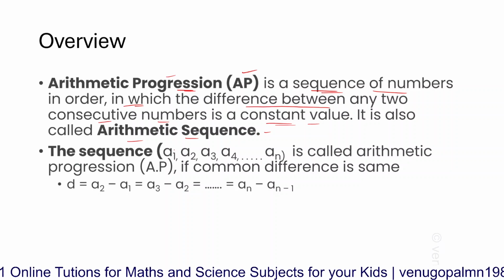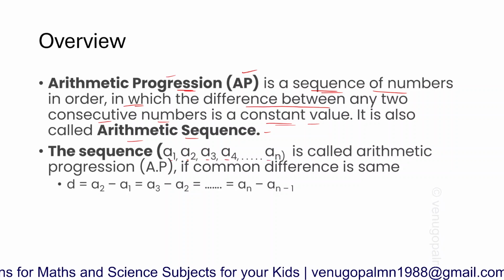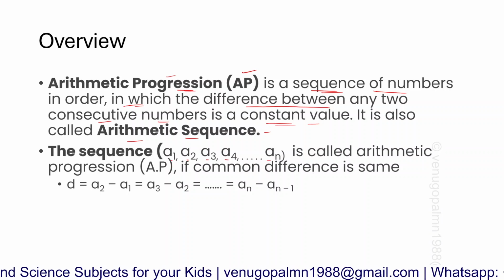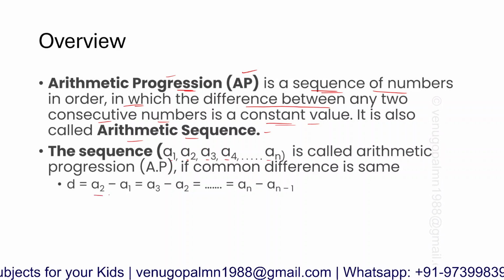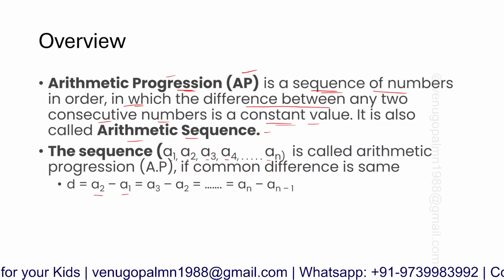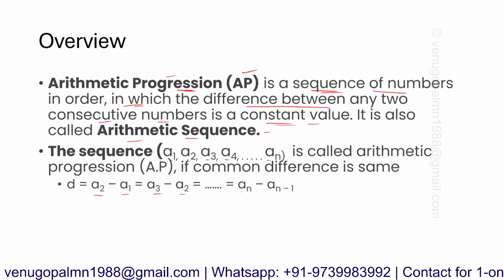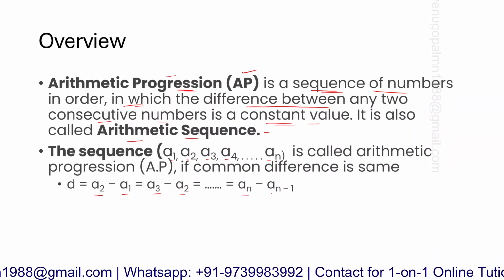So if you take a sequence a1, a2, a3, a4, and it goes all the way up to an, we call this sequence an arithmetic progression if the difference is common. Difference means the difference of a2 minus a1, the second term minus the first term, or the third term minus the second term, like that, nth term minus (n minus 1)th term.